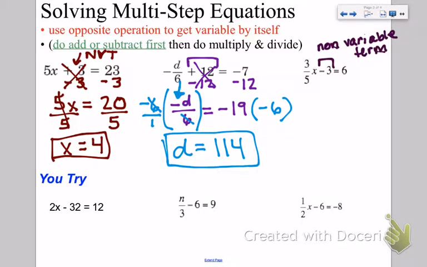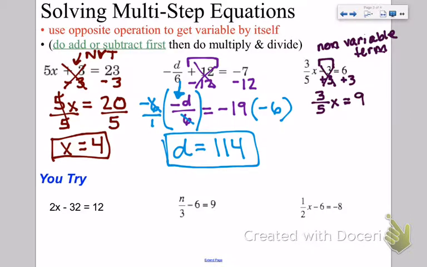And so we're going to add it because we're subtracting and the opposite operation is addition. So what we're left with is still that 3/5 being multiplied by x. Negative 3 and positive 3 cancel. 6 plus 3 is equal to 9.